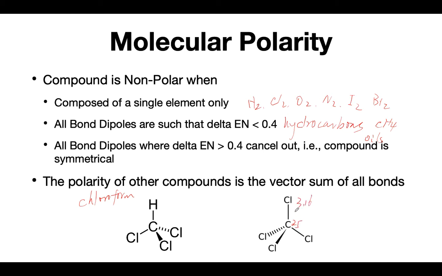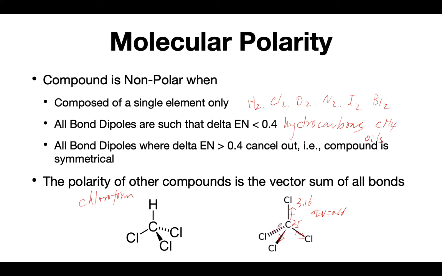So the bond polarity goes in this direction, because the difference delta EN equals 0.66, which is greater than 0.4. So this bond is polar, and this bond also is polar, and the electron density is towards the chlorine.